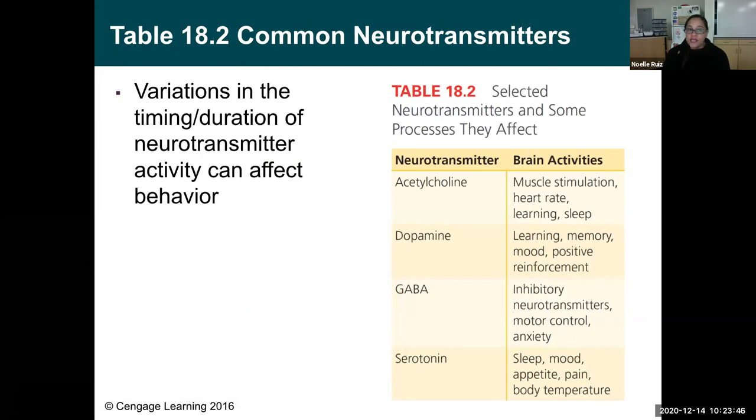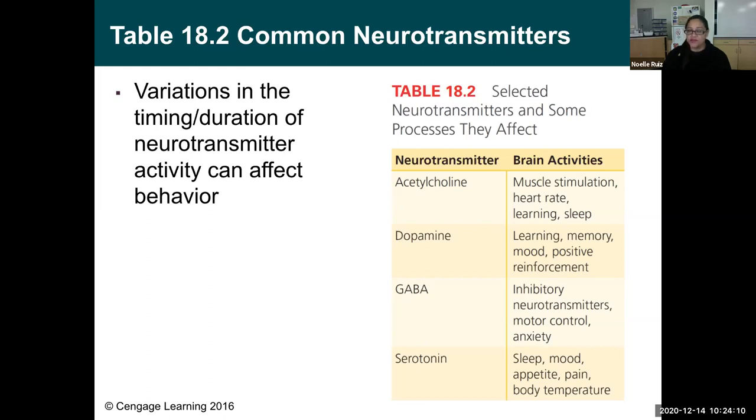So variations in the timing and duration of neurotransmitter activity can affect behavior. There are some neurotransmitters and the processes they affect. In your body, you have one called acetylcholine. That's for muscle stimulation, heart rate, learning, sleep. Dopamine is your happy neurotransmitter. That one is for learning, memory, mood, positive reinforcement.